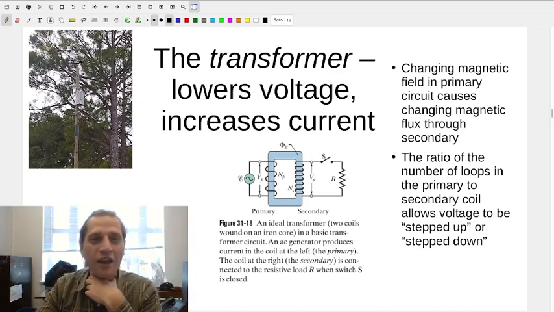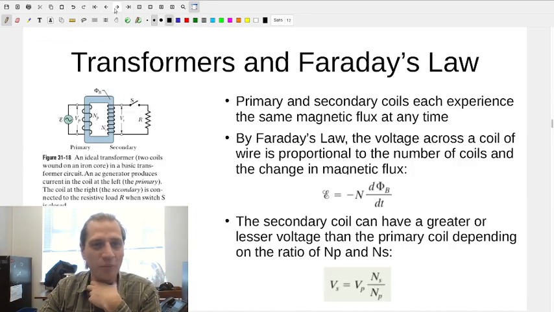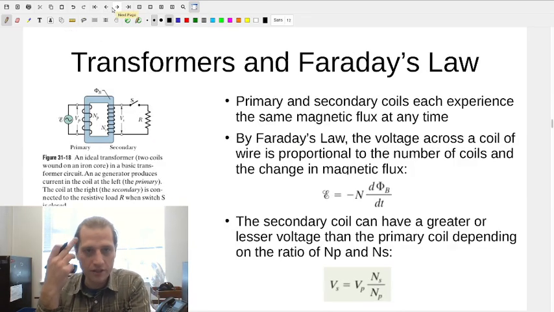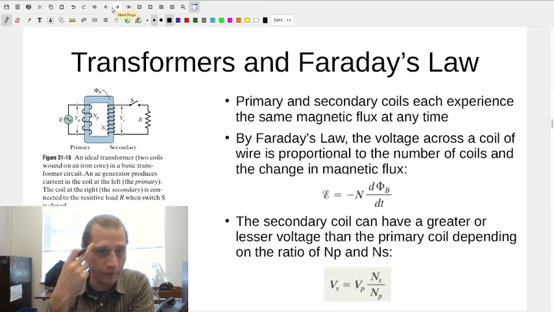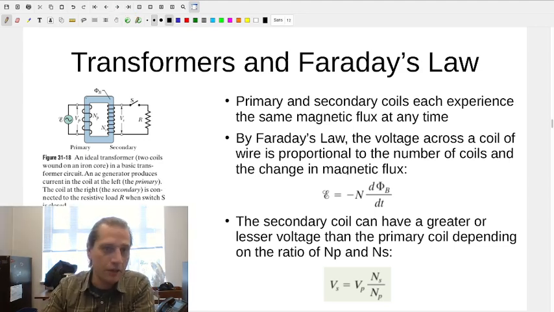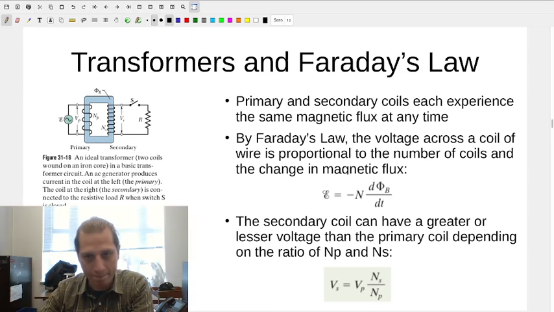Now, I know that me just saying that doesn't really help you very much. So let's try to think it through a little bit more carefully. What I'm claiming is that you have these two loops, and this piece of iron core is allowing the flux through the first to equal the flux through the second.